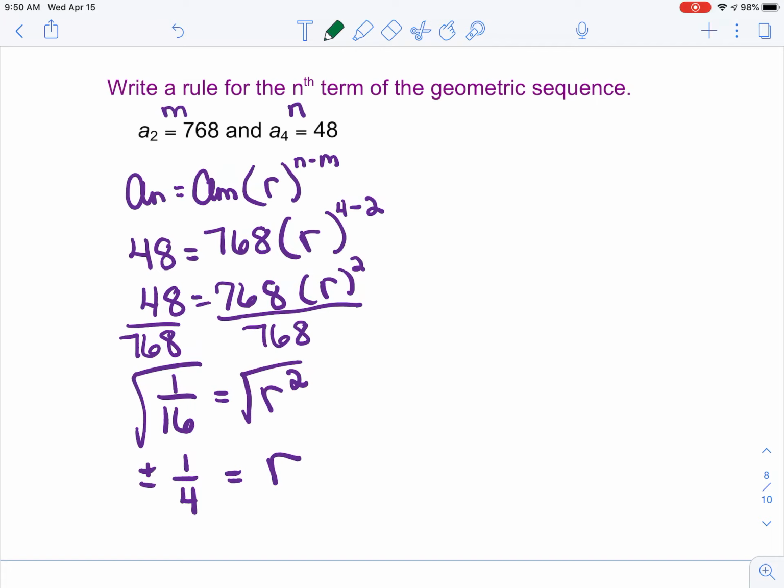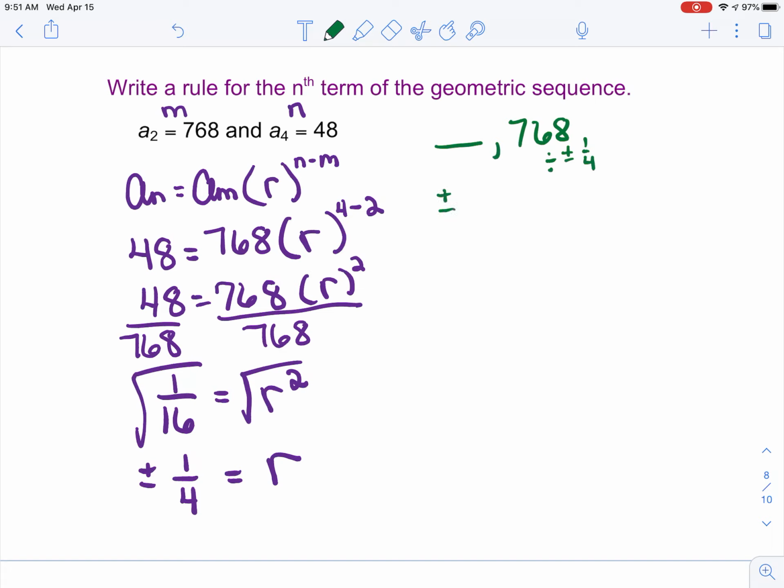So now what we need to do is find our first term. Remember, we're multiplying by plus or minus 1/4. So I need to take my second term and divide it by plus or minus 1/4.